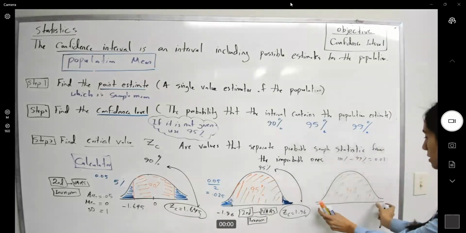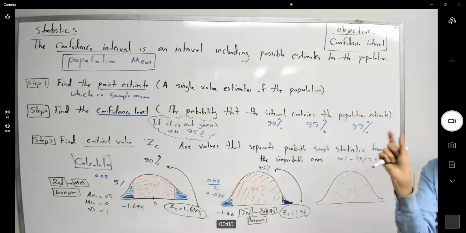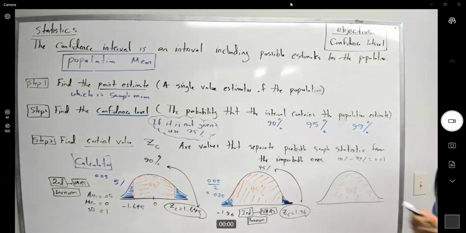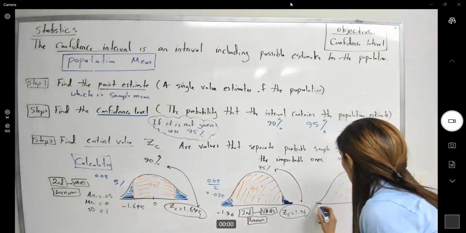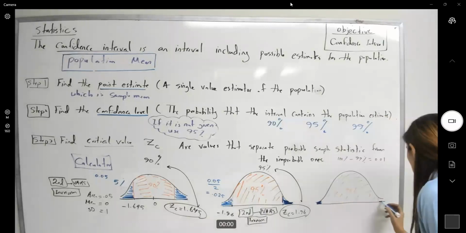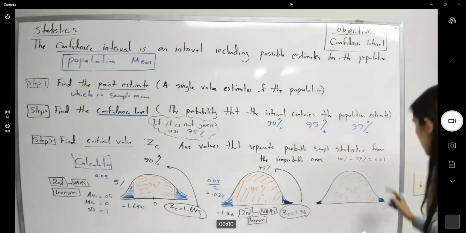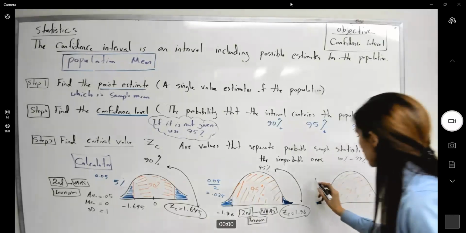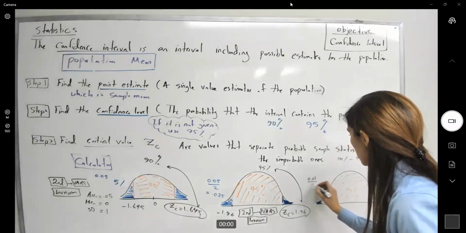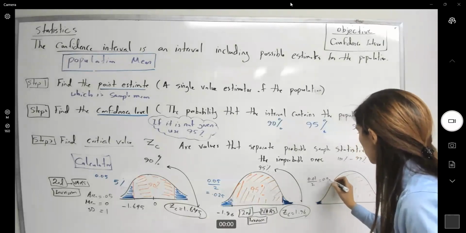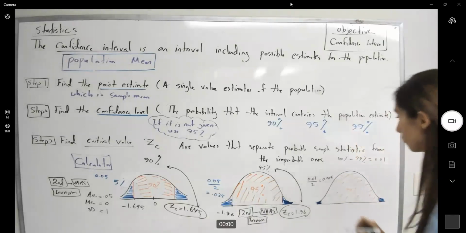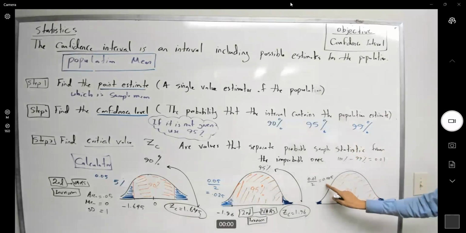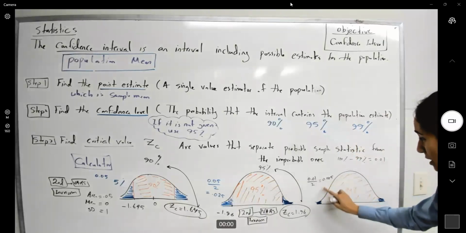This 1% is divided up into two portions. One portion to the left, one portion to the right. 1% divided by 2 gives me 0.005. Very small area. This is the small area down here.